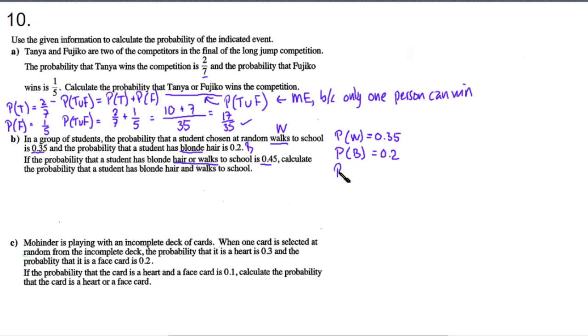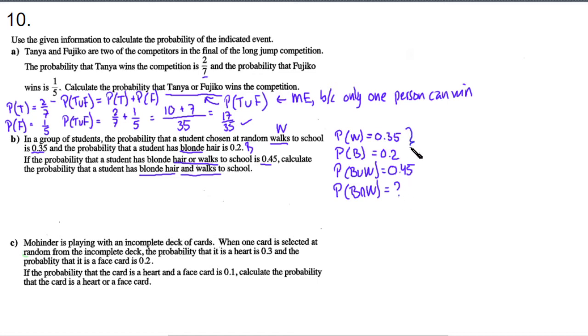So that is probability of blonde hair or walking to school. That's 0.45. And we're looking for the probability that the student has blonde hair and walks to school. So we're looking for the probability of blonde hair and walking to school. So we're looking for the overlap.